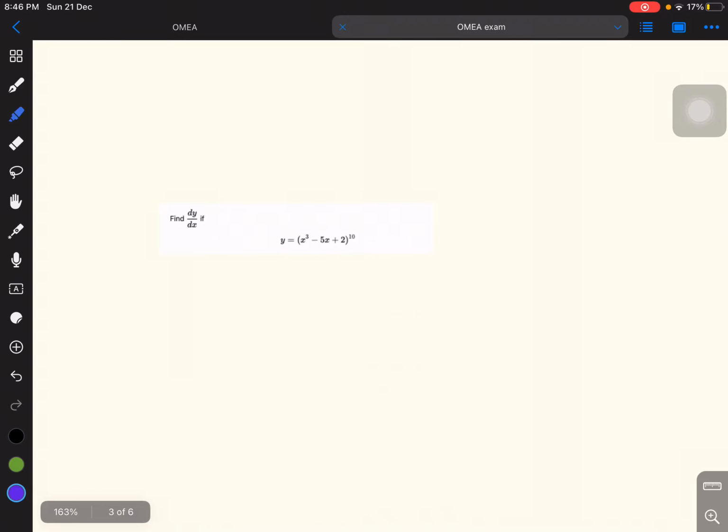Next, as you can see, a similar question: dy by dx if y is equal to (x cube minus 5x plus 2) raised to the power of 10.